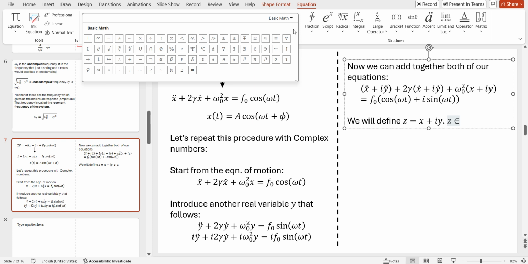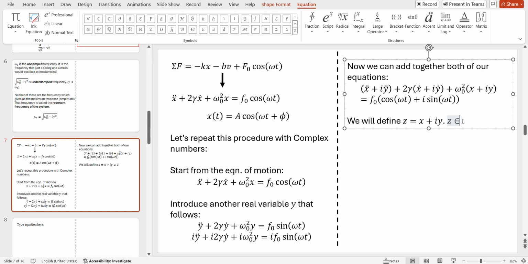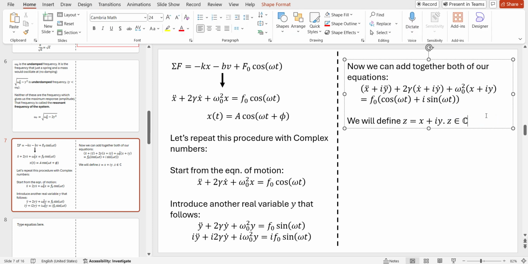Oh gosh, I don't know how to write that thing. Letter-like symbols. What do we call this? Double C. Okay, hang on, let me do that. Double C. There we go. z is a complex number. That's what I just wrote here.